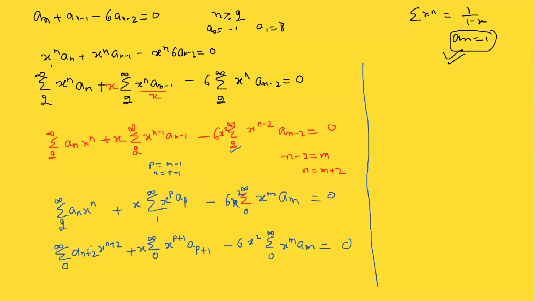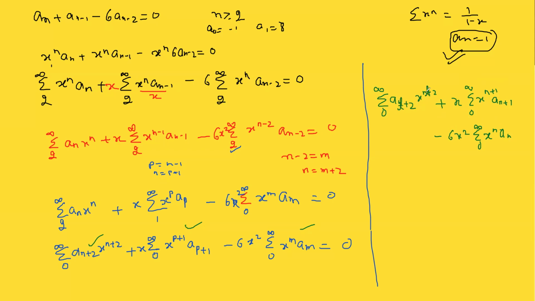Okay. So n, p, m, these are dummy variables. Dummy variable means you can replace with a single variable. You can write what? Every variable can be changed into n. You can write here n, because this is a dummy variable. It doesn't affect the whole thing. Okay, whatever. Suppose you are taking, let's suppose t.